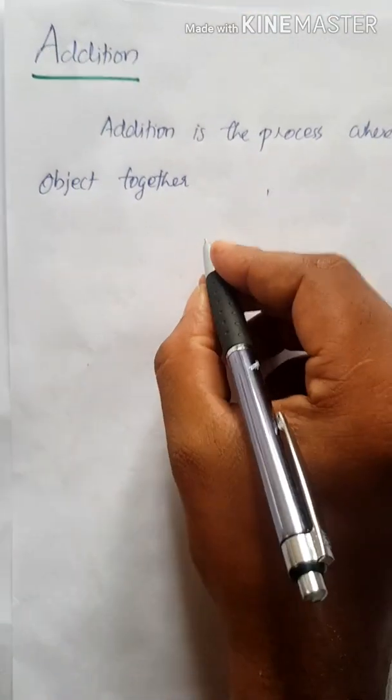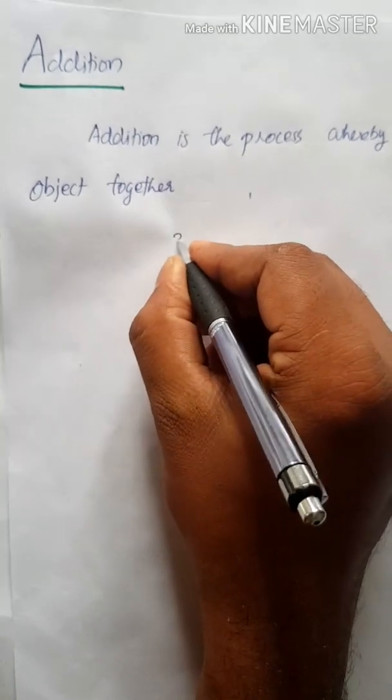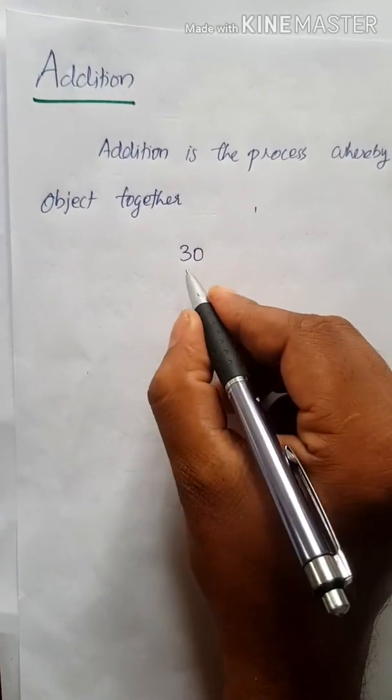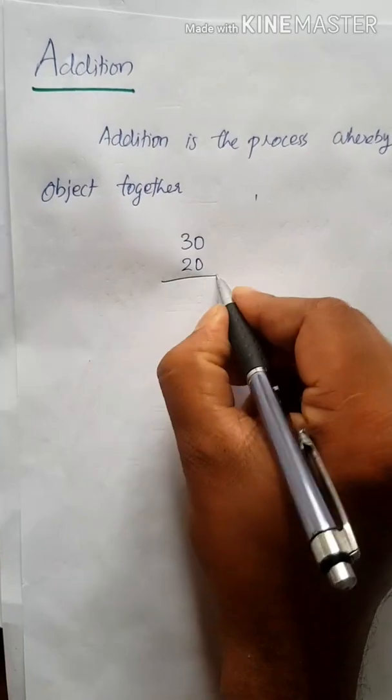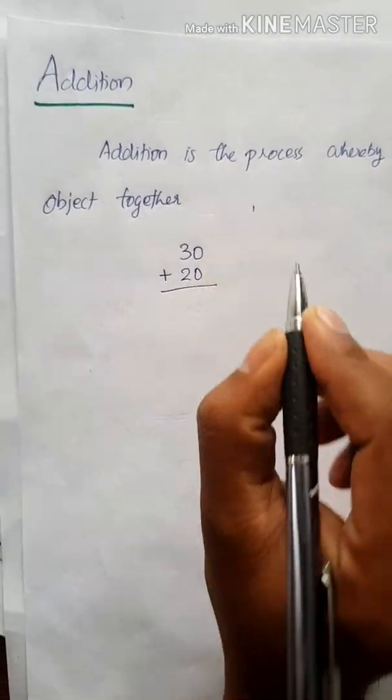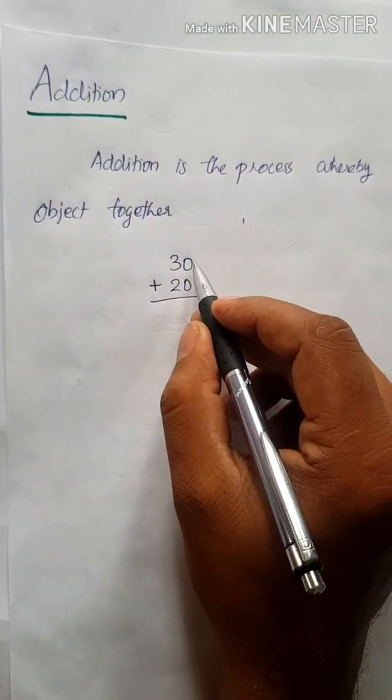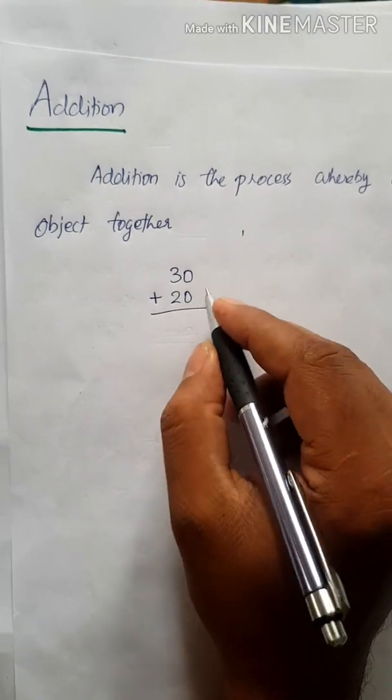Okay, let us see how. 30 big mangoes and 20 small mangoes. You have to add 30 big mangoes plus 20 small mangoes.